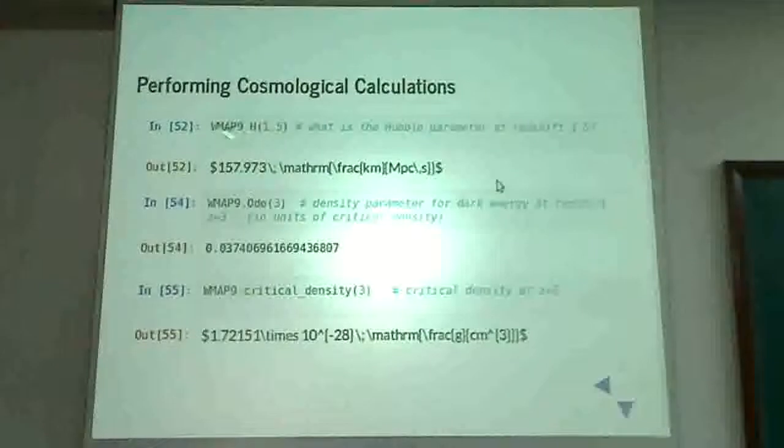So WMAP9.H of 1.5 is basically a calculation that tells you the Hubble parameter at redshift 1.5. You have Ode, which tells you the dark energy density parameter at redshift 3, then this is the critical density at 3, and the list goes on and on.